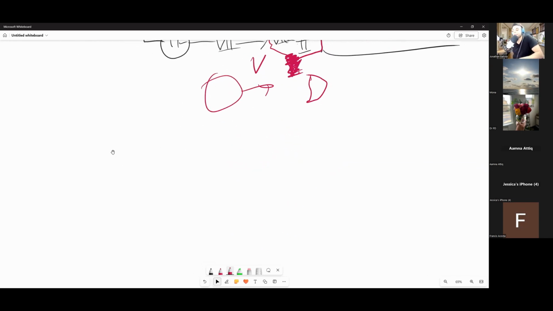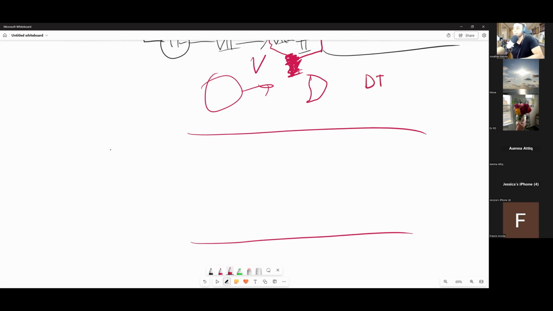Now that we're on the same topic, let's look at this. What I've just mentioned right now was that through the process of DIC activating the coagulation cascade, we were able to promote fibrinogen conversion to fibrin.